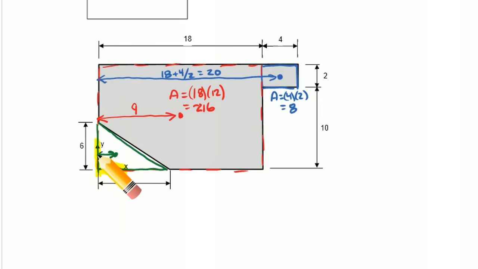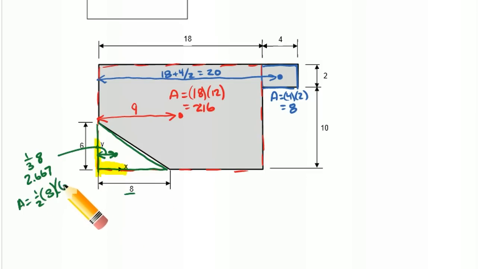Its x distance is 1/3 of this distance, 1/3 of 8, or 2.667. Its area is 1/2 its base of 8 times its height of 6. 6 times 8 is 48, so that looks like 24.